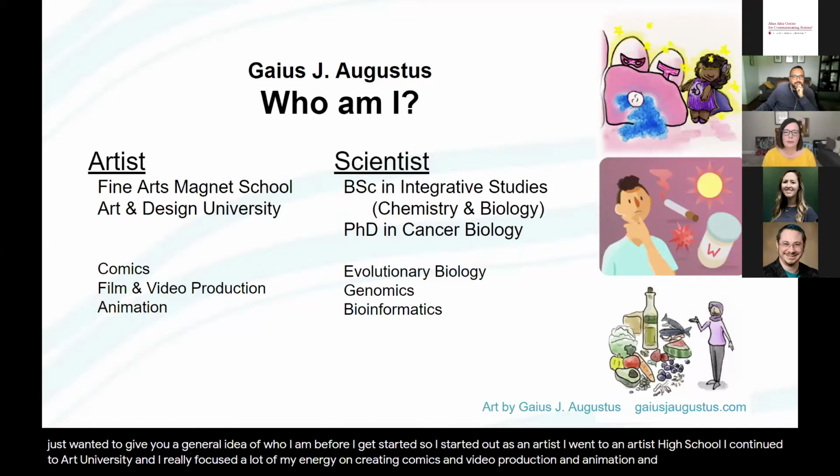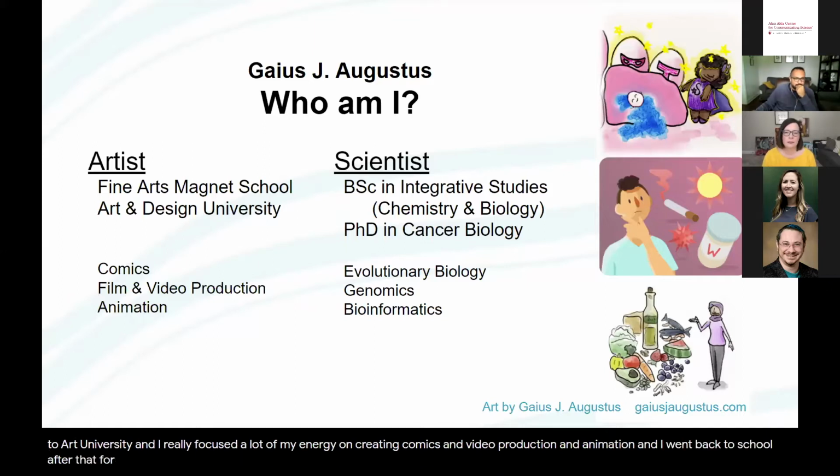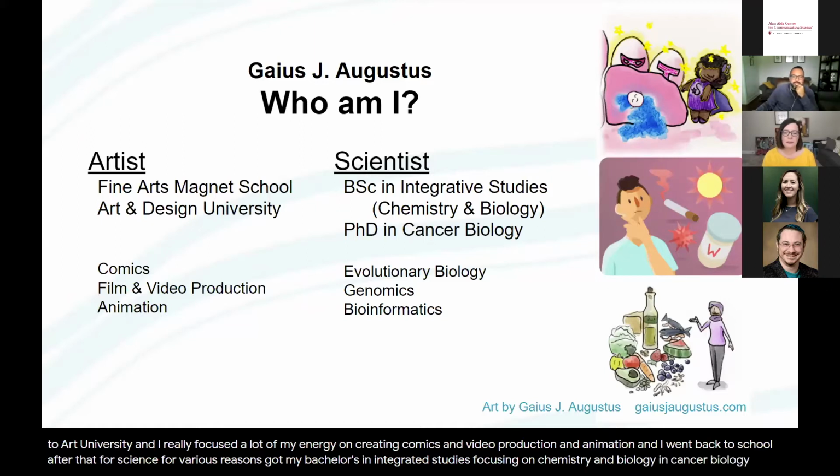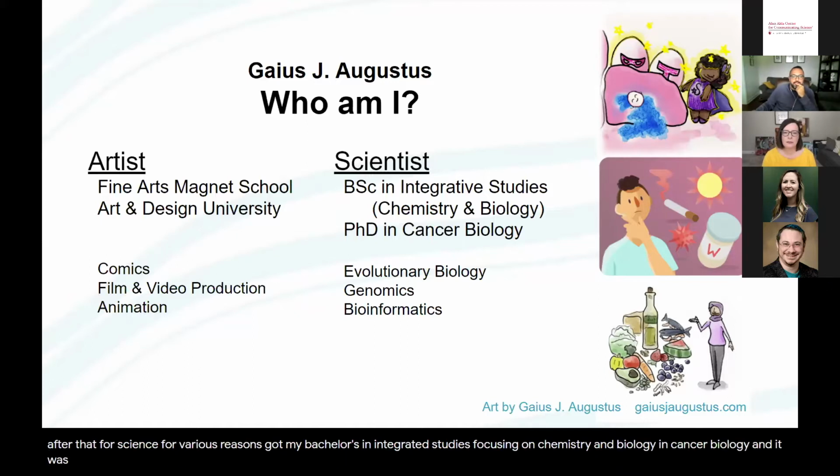I went back to school after that for science for various reasons, got my bachelor's in integrative studies, focusing on chemistry and biology. And actually last year I finished my PhD in cancer biology. It was finishing that up when I realized that going pure science also wasn't quite right for me. And so I started thinking a lot about how to mix the two, and I started doing a lot of science art.